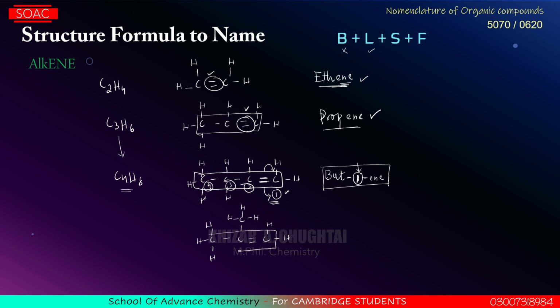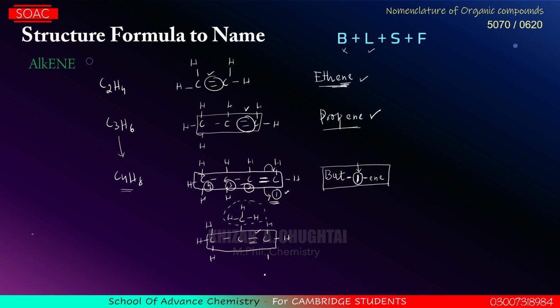Carbon-carbon double bond must be part of the longest chain. So this is the longest chain that has the maximum number of carbon atoms, and it also has the carbon-carbon double bond. So this is called the branch. Now I'm going to mark numbering.